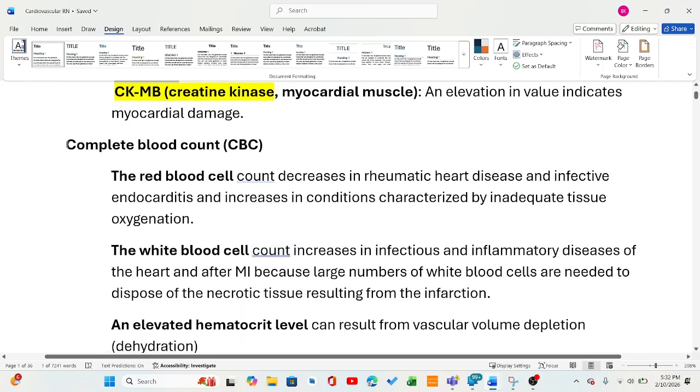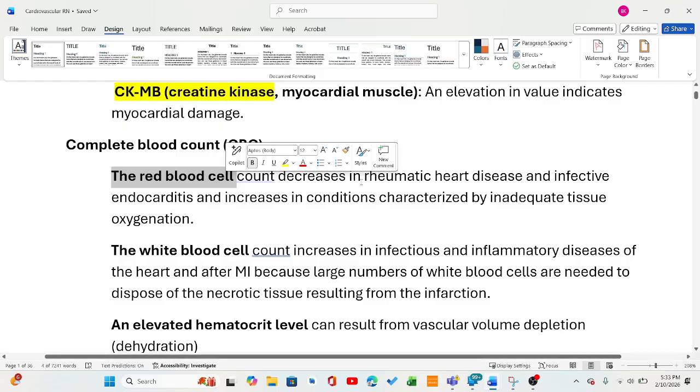The next lab I'm going to talk about is the CBC, which is the complete blood count, including the red blood cells. Now, the main function of the red blood cells is to carry oxygen to all parts of the body. So when the red blood cell levels go down, it tells us that we have a problem with oxygenation. The person will not get enough oxygen to all parts of the body, and so they can easily become fatigued.